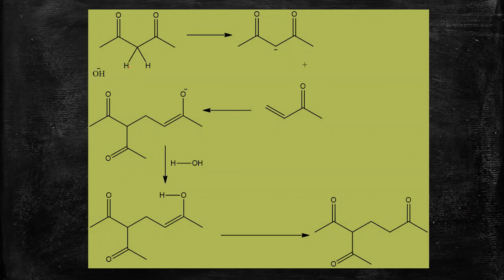Here we have a 1,3-diketone. From the 1,3-diketone, due to the presence of two carbonyl groups, this methylene group having hydrogens, these hydrogens become more acidic. So the base would abstract a proton from here and convert it into the enolate, like this.